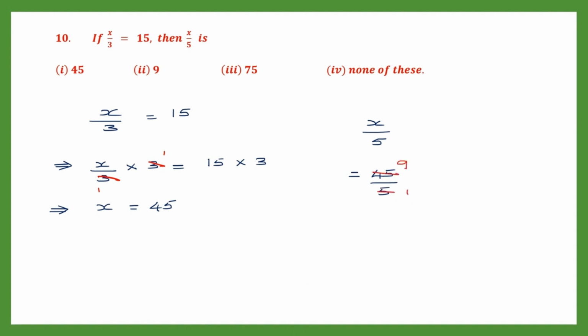Instead 5 ones are 5. So this is 9 by 1, or it's simply equal to 9. So our answer here is x by 5 is equal to 9, and that is option 2.